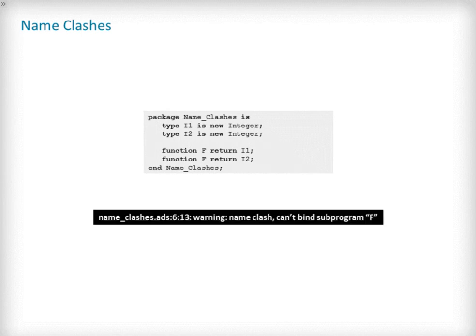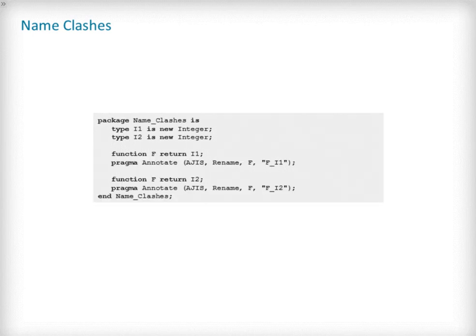If we were to run Ada to Java against this Ada package specification, we would be met with the following warning. To prevent this, you can use the rename identifier from the AJIS.annotations package along with the pragma annotate statement to define the Java name corresponding to an Ada entity.